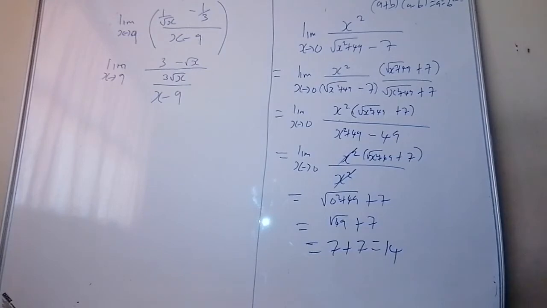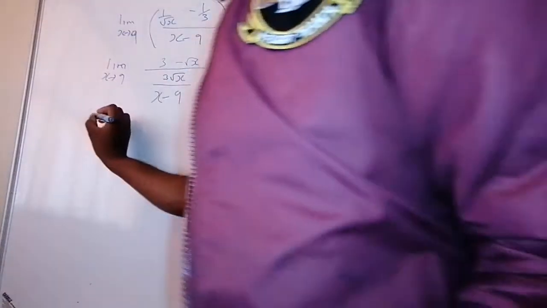So maybe before I do that, let me just try to simplify that to avoid confusion. Limit, and do not forget to write limit as x approaches 9. Even if you're doing the right thing, I might penalize you if you do not write this throughout. So times 1 over x minus 9.